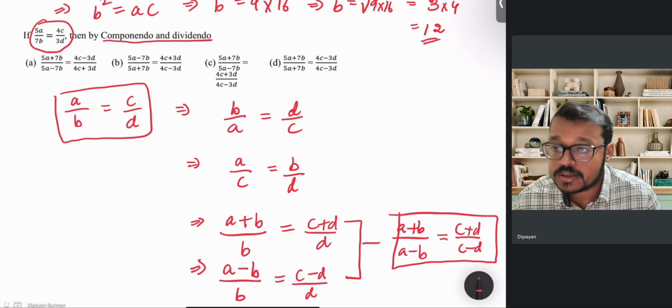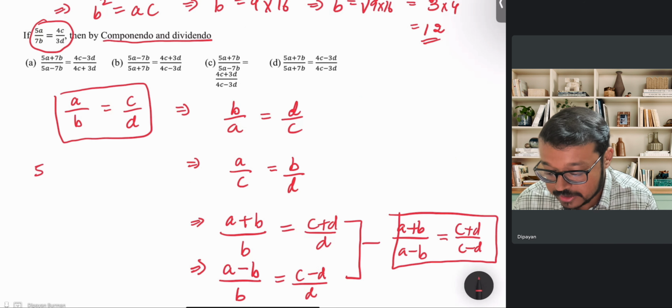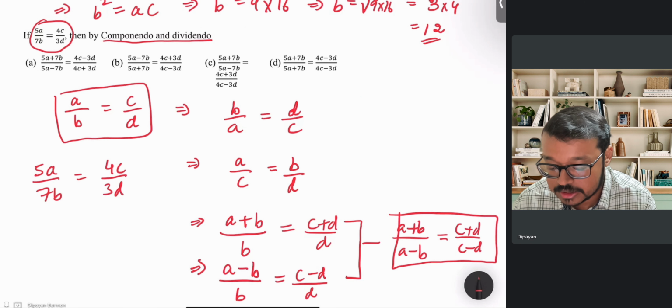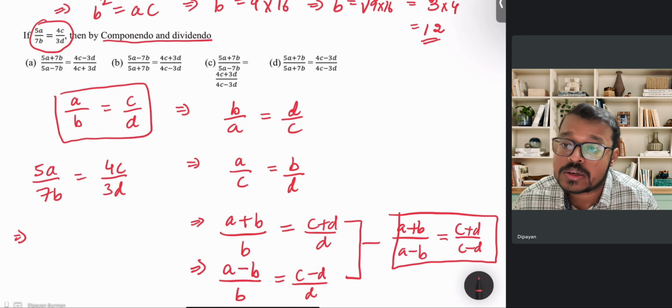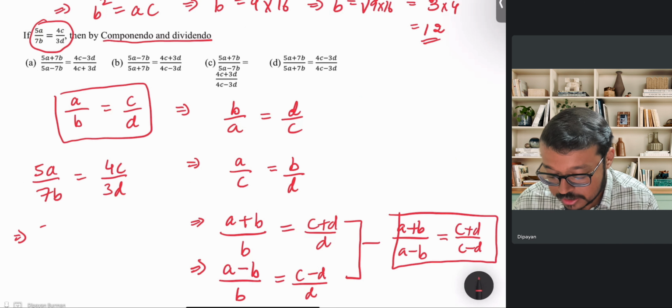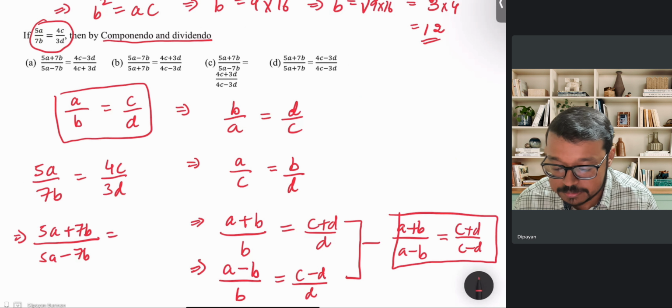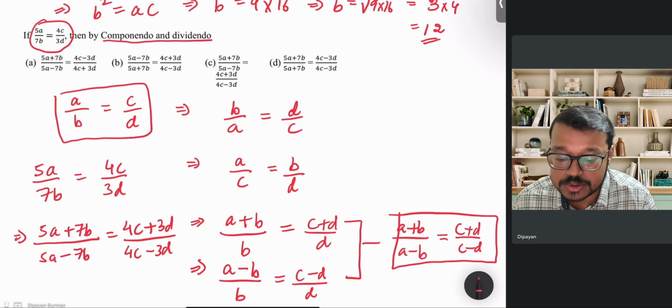So in the given proportion in the question, 5a by 7b is equal to 4c by 3d. Then according to componendo and dividendo, 5a plus 7b by 5a minus 7b must be equal to 4c plus 3d by 4c minus 3d, and that matches option C.